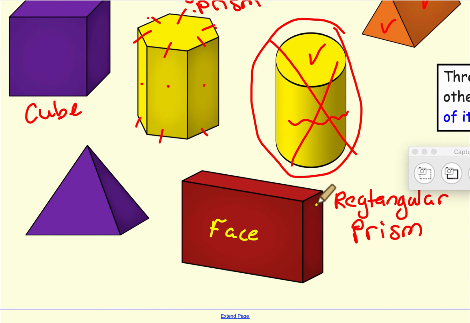Now, when you're looking at a rectangular prism, it doesn't matter which two sides you use as the bases.